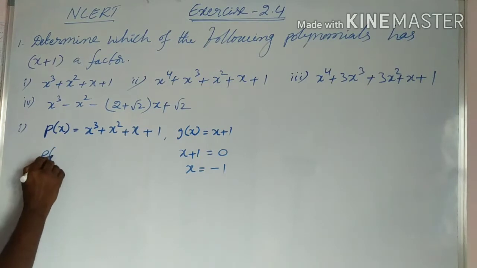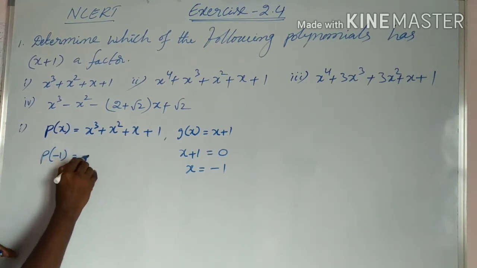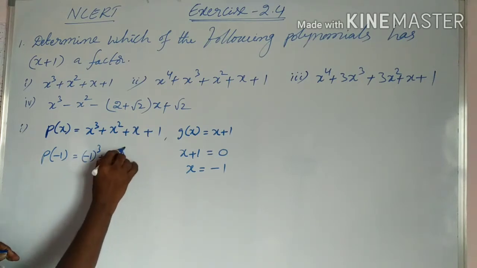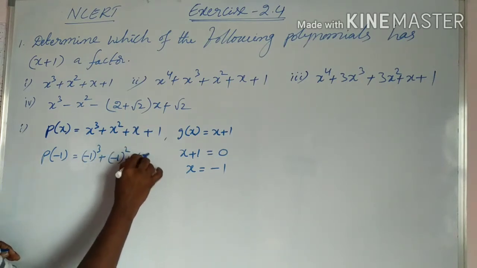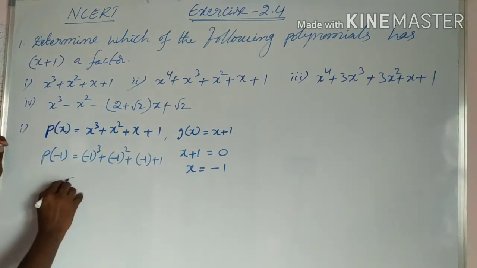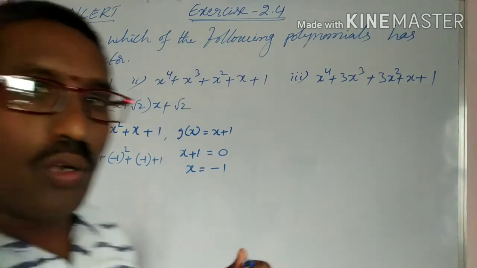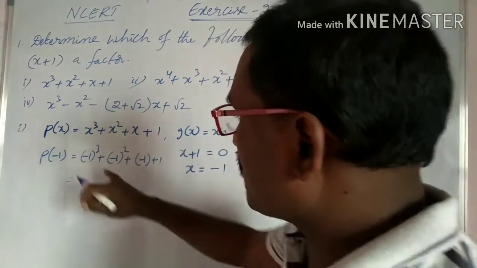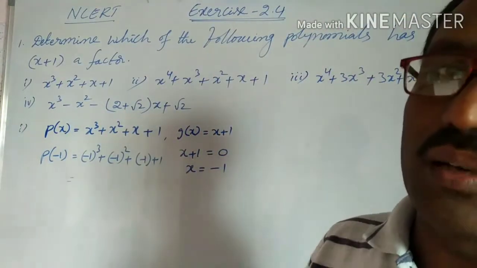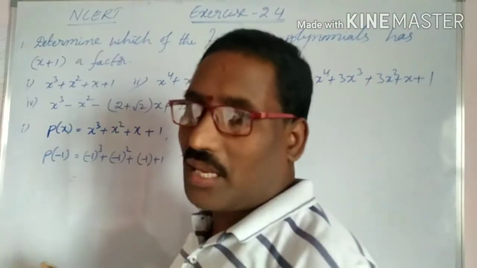Now substitute this x value in the polynomial. p of minus 1 is equal to minus 1 whole cube plus minus 1 whole square plus minus 1 plus 1. Now see, minus 1 to an odd power, only minus 1 will come. Minus 1 to an even power, 1 only.